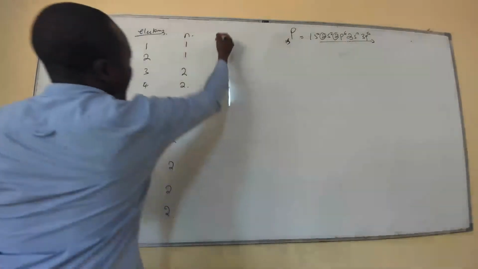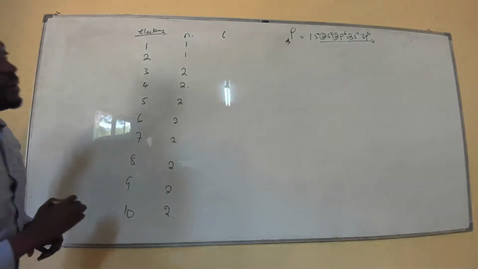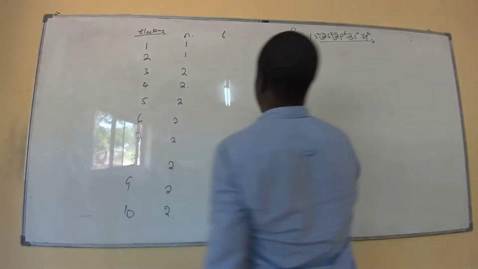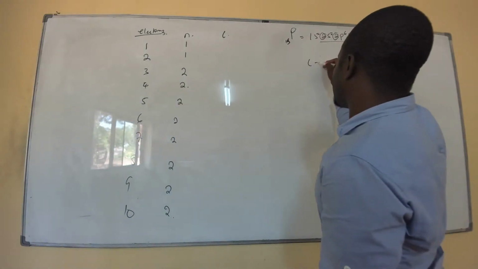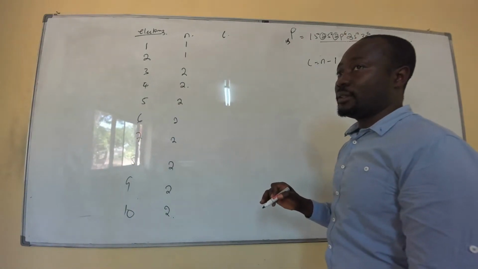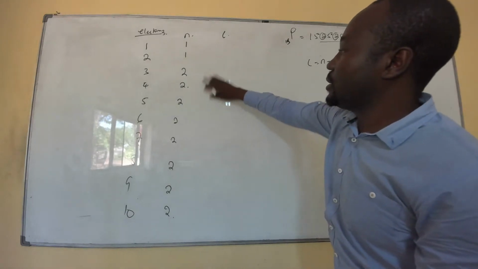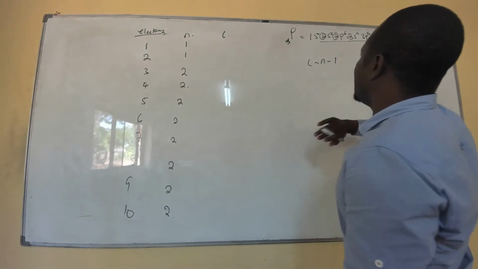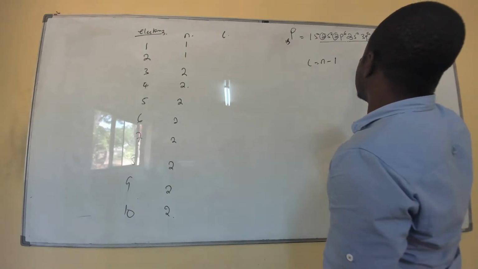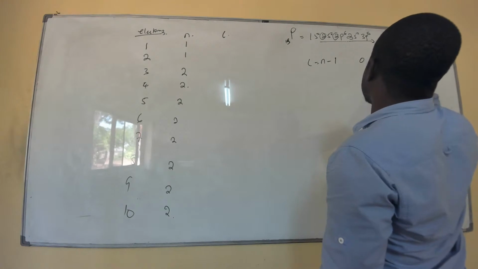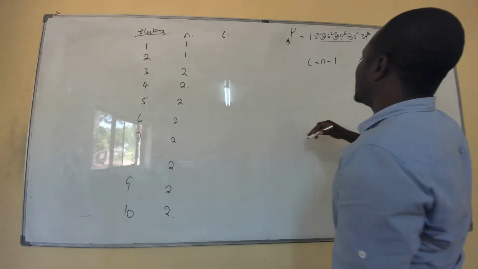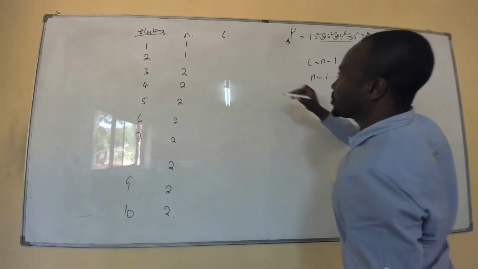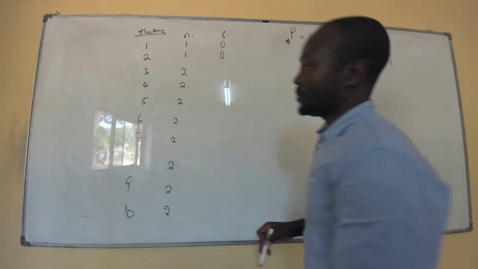Then we can go to L. It's very easy. For L, L ranges from 0 to N minus 1. So for N equals 1, L equals 0, meaning this will be 0, 0.